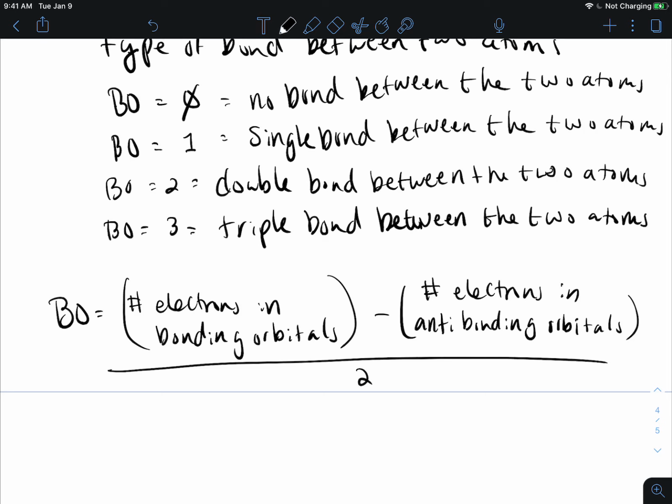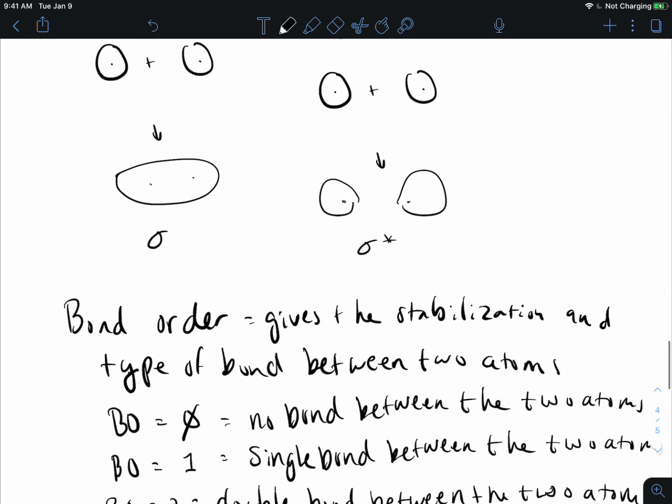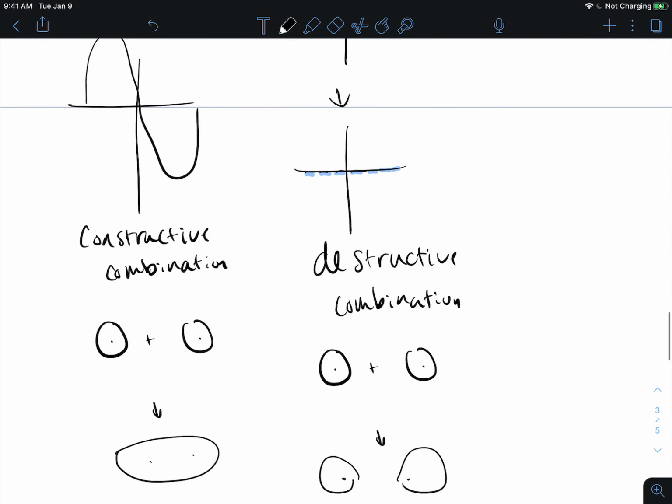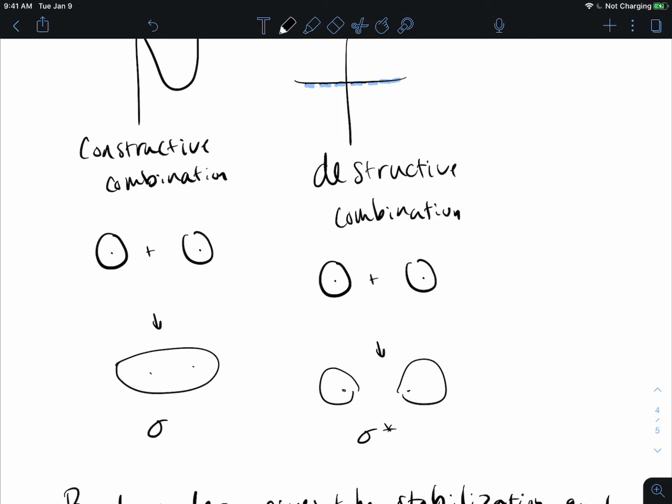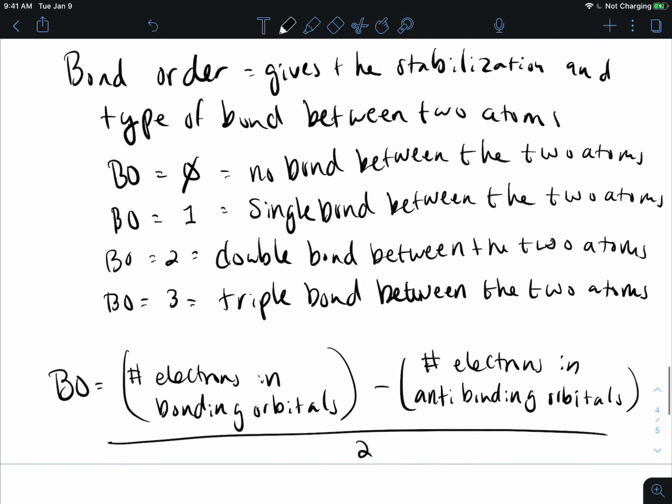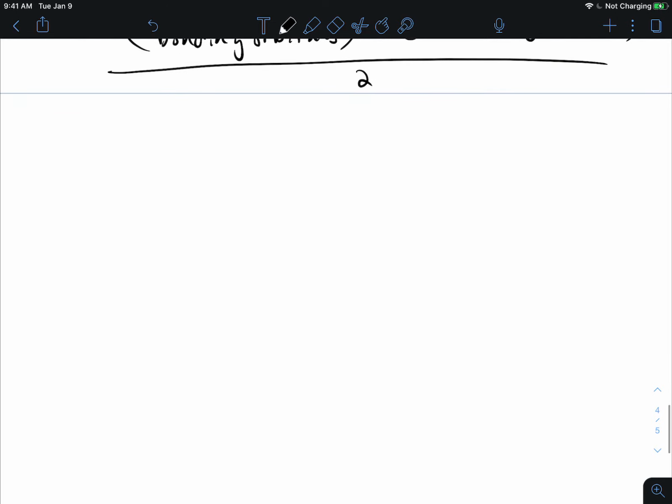So in the case of hydrogen, hydrogen will have a bond order of 1. Let's look at what that would look like with our molecular orbital diagram. We have a 1s atomic orbital for each of our hydrogens.